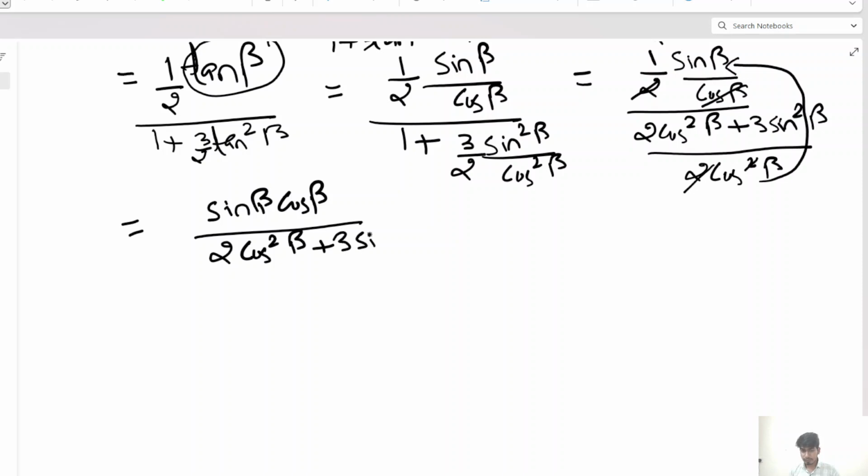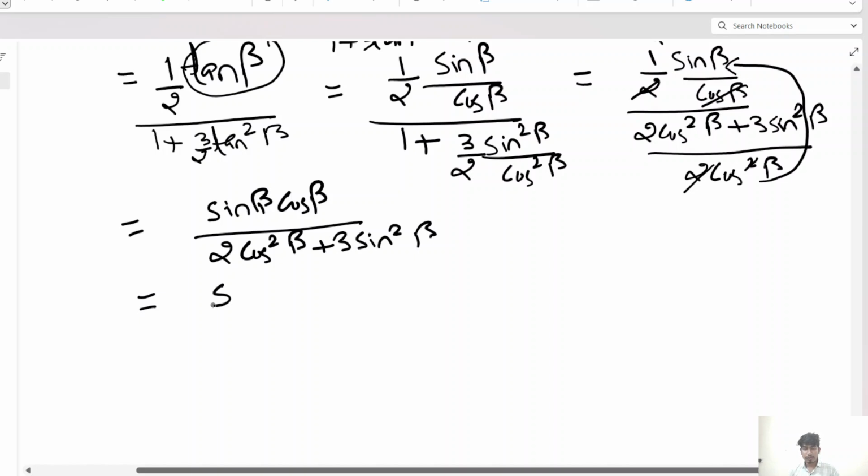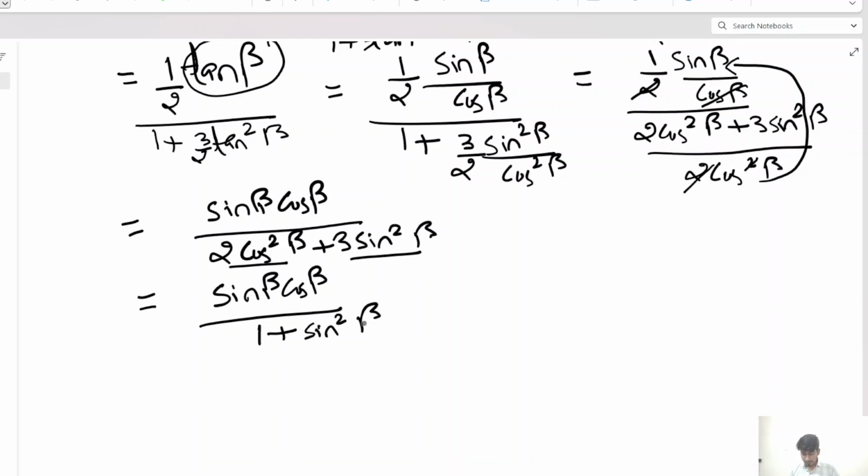Sorry, here it is 2 because 2 into cos square plus sin square beta is 2.